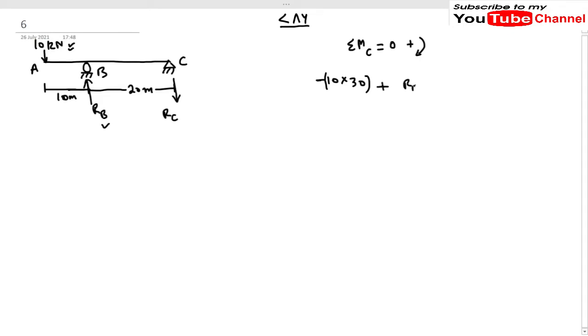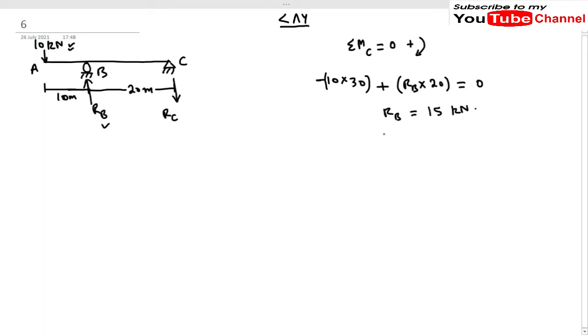It will be RB multiplied by the distance, which is 20 meters, because B and C are 20 meters apart, and this equals 0. From here we get the value of RB as 15 kilonewtons.